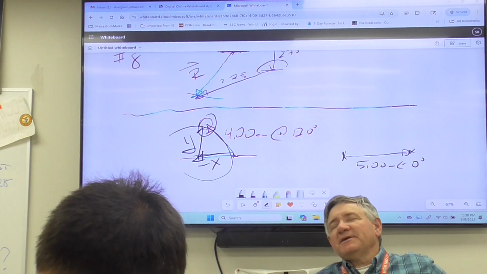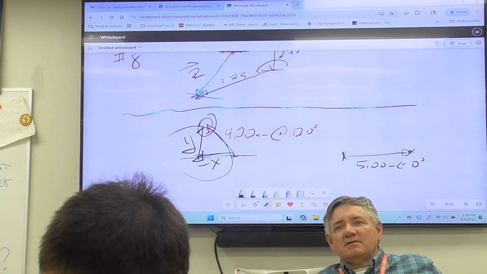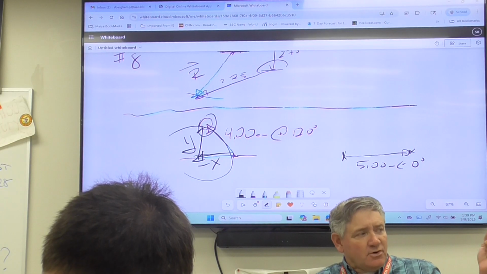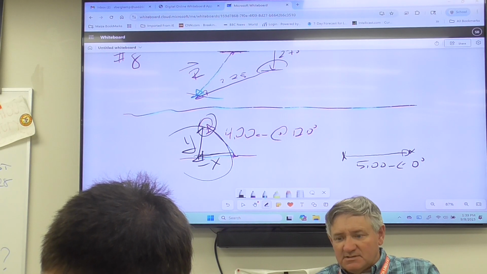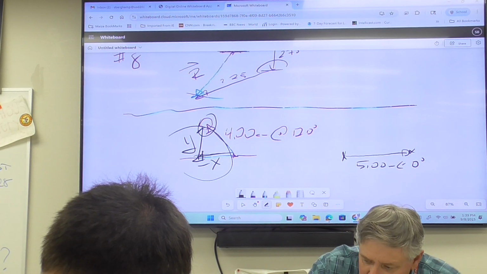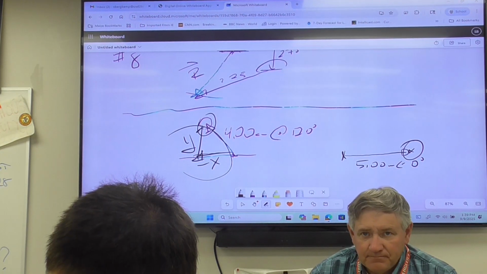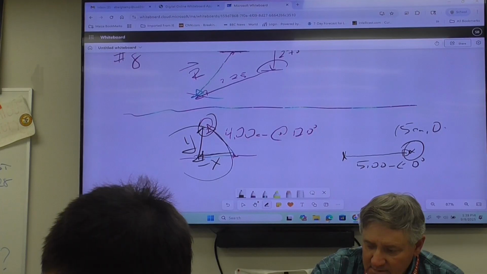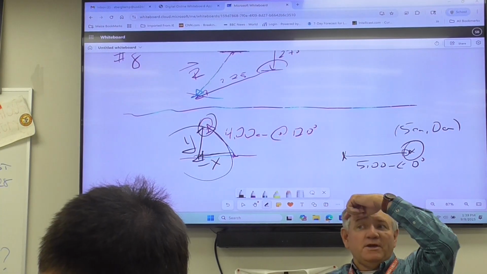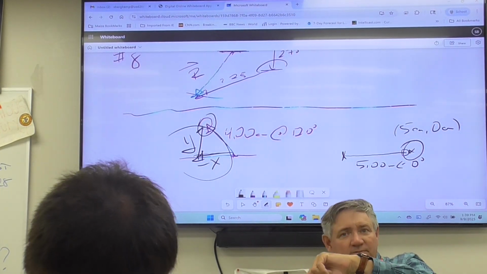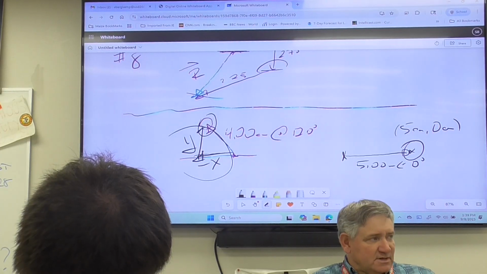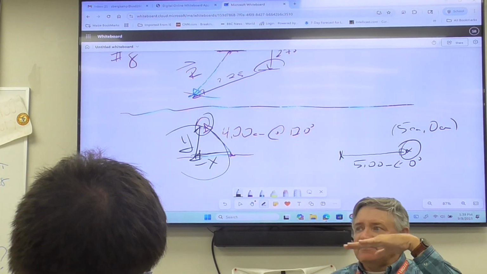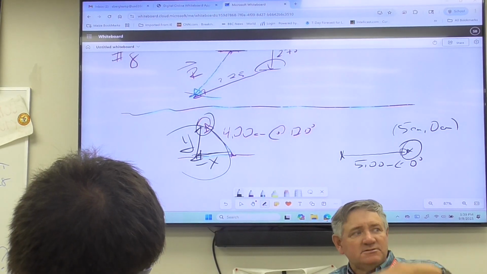But you go, Bergkamp, let's talk Cartesian coordinates. What would the Cartesian coordinates, the x and y components, that would get you to that exact same point be? 5 centimeters and 0. So here's my point. 5, 0, as an x and y coordinate system, gets you to the exact same point as 5 centimeters at 0 degrees.